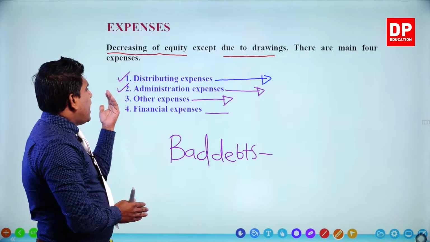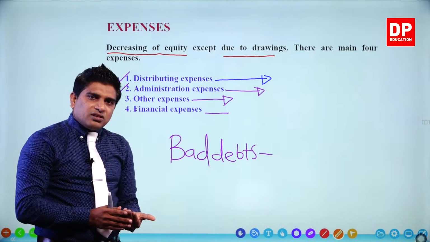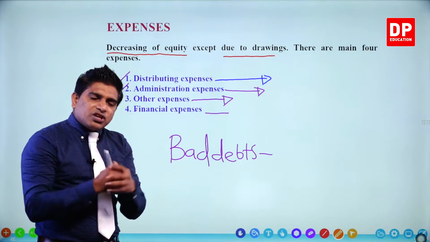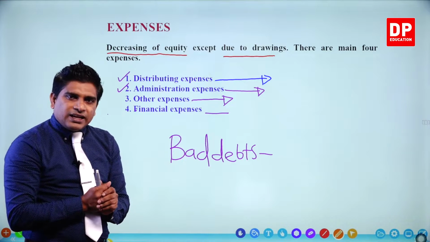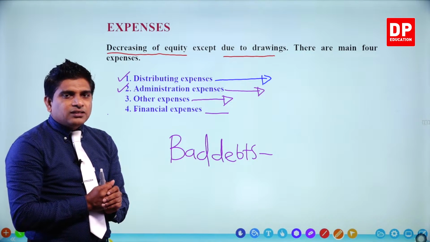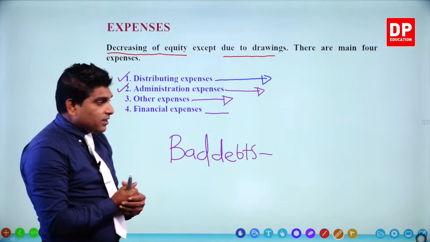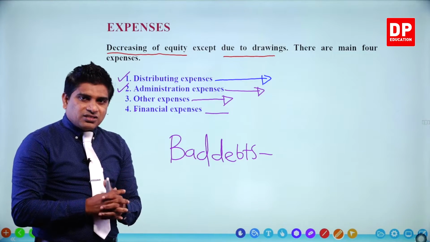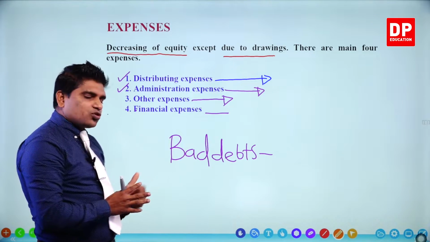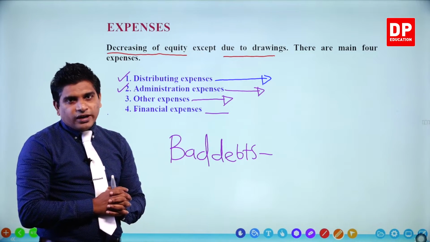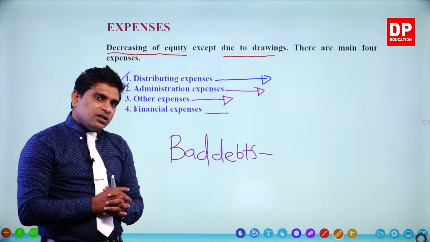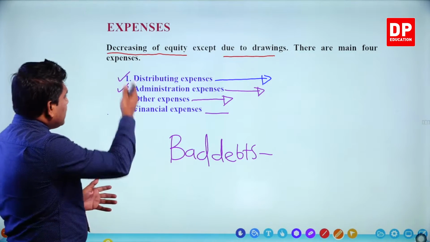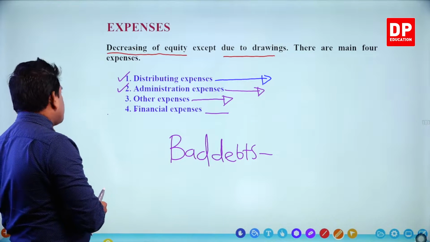The other one, administration expense, is connected with administration-related activities: salaries, water bill, electricity bill. Then other expenses: stock losses, stock damages. Then financial expenses: checkbook charges, bank loan interest. These are for the classification of expenses.